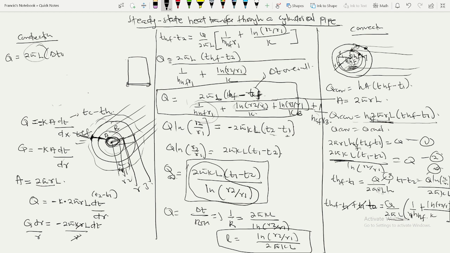Multiplying change in T overall all over the summation of resistance. And then the resistance here is, if it is for conduction, then R2 over R1 all over K. If there is another conduction, then R3 over R2 all over K. And then if there is convection, 1 over HR. So you just need the heat transfer coefficient of convection of the fluid and then the radius of it. So that will be all.